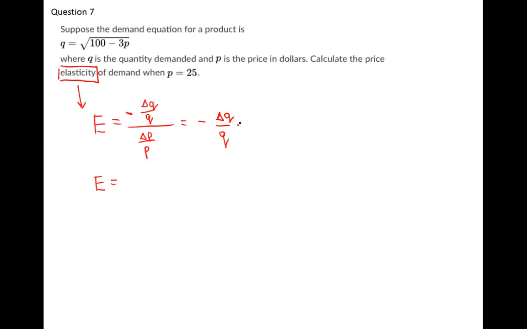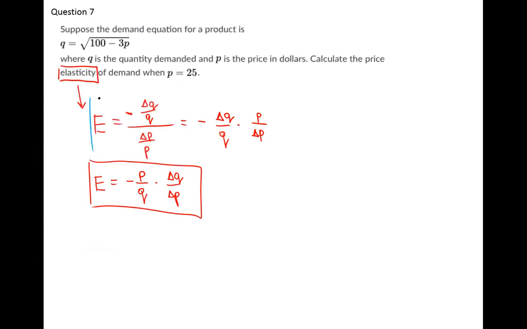Let me do this one for you. Dividing by a fraction means multiplying by the reciprocal, and then I can combine P and Q. That means I will have the ratio price over quantity, and I will have delta Q over delta P. Now I think this is a better form of the elasticity equation for this question.